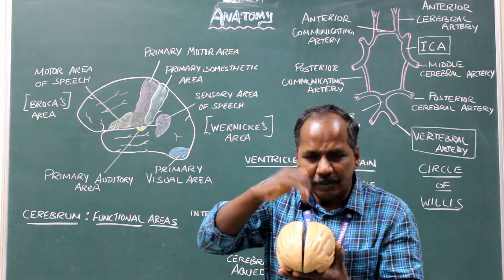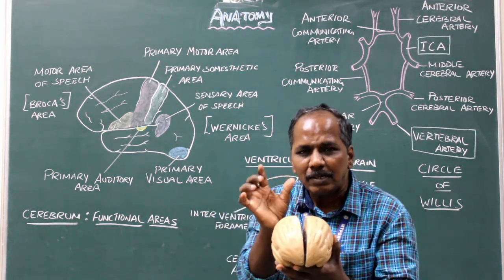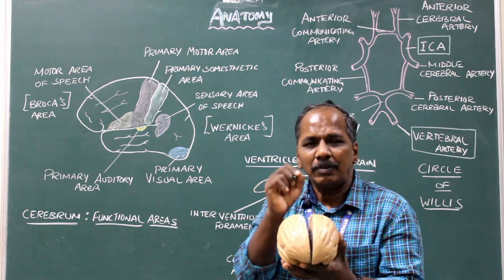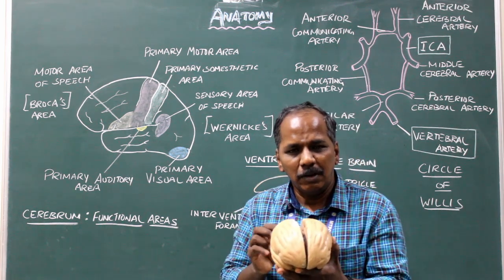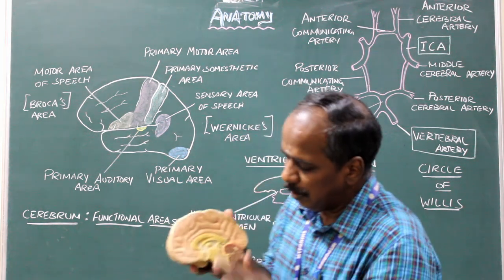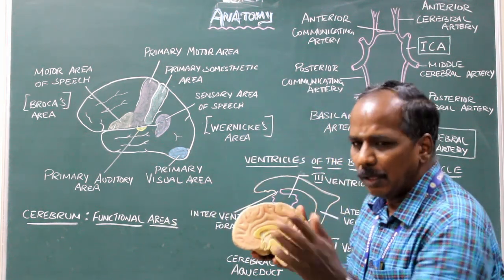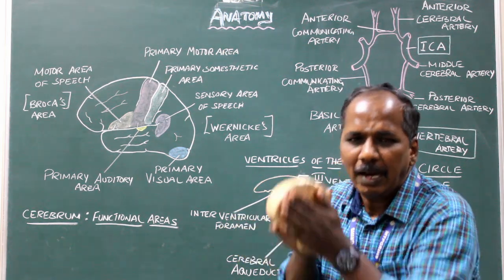In the depth of the median longitudinal fissure, the two cerebral hemispheres are connected by commissural fibers known as the corpus callosum. So this is the corpus callosum, through which the two cerebral hemispheres are connected.